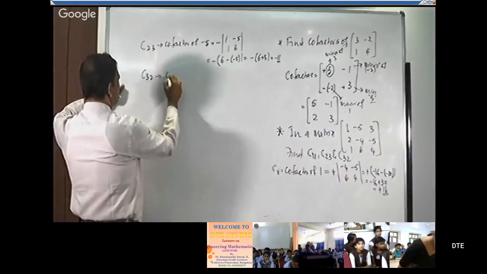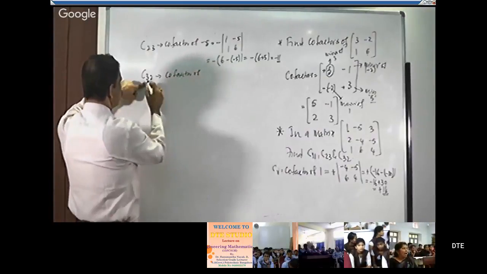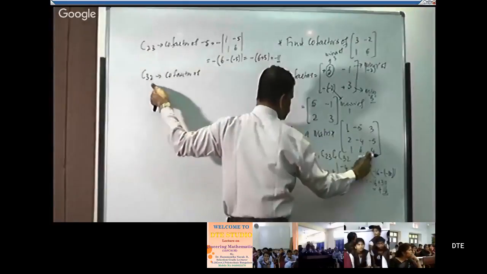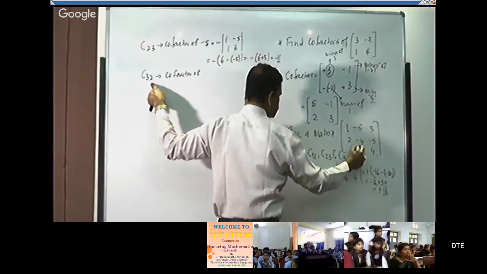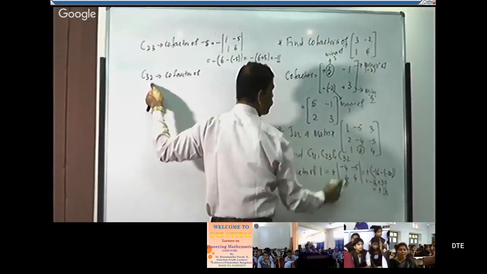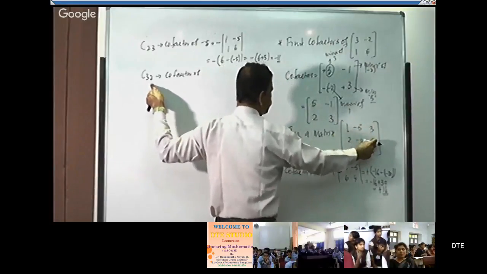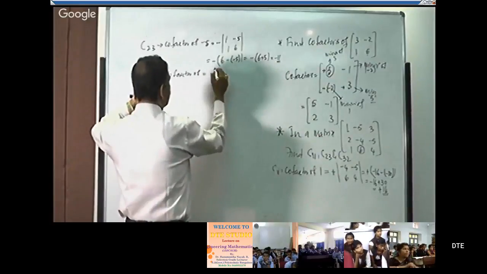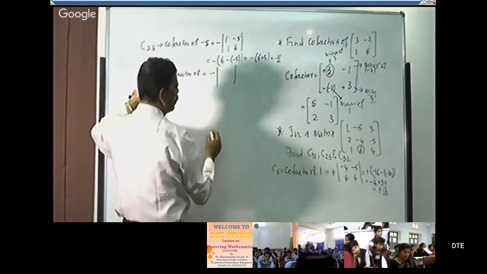Then C32 means the cofactor of the element which lies in the third row, second column. This is the third row, and the second column is this 6. For this, the standard symbol is minus, so write minus first into the minor of that element.